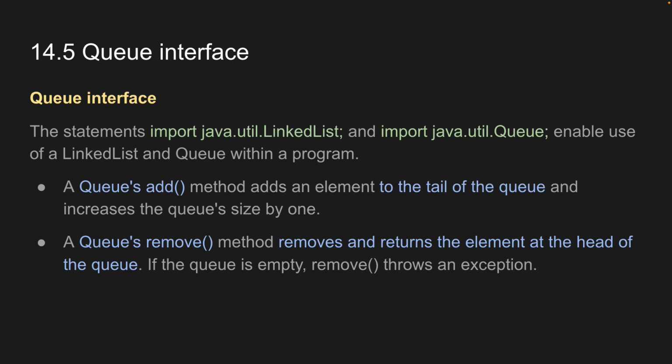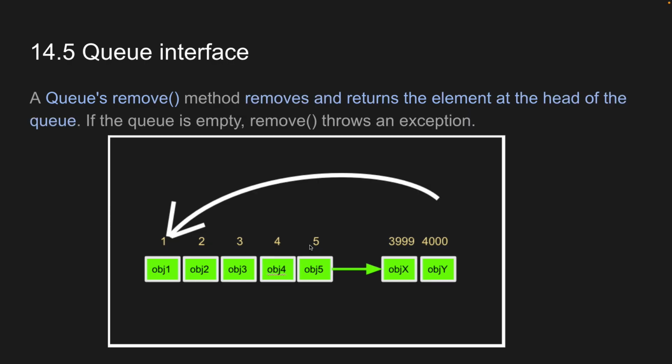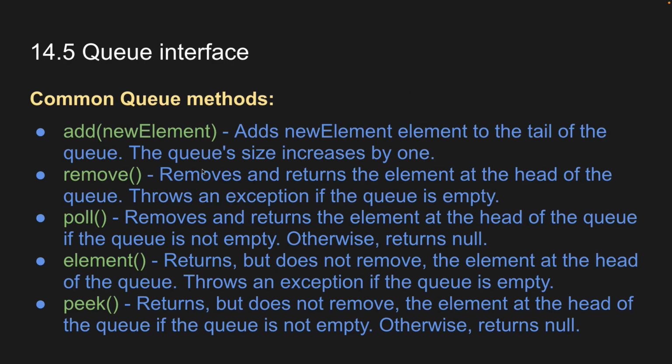All right? But here's the other thing. When you're reading from the queue, I know it's in here somewhere. There it is, poll. Returns the element at the head of the queue if the queue is not empty, otherwise returns null.